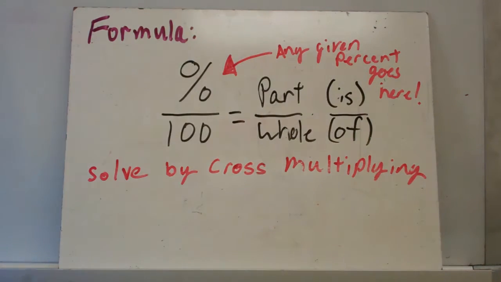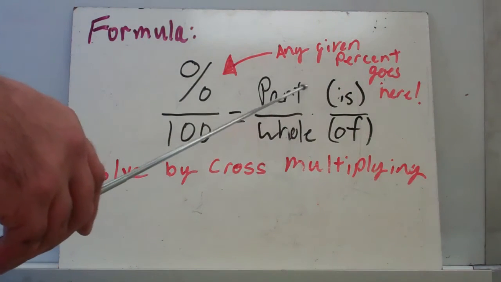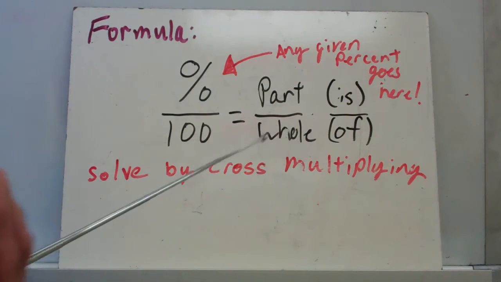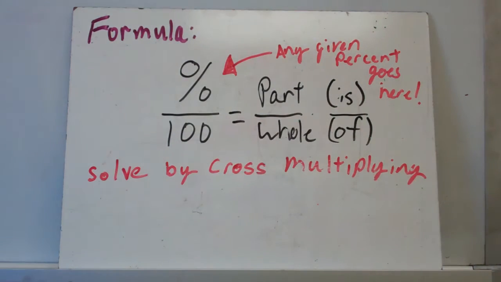And so with is over of, is pertains to part and of pertains to whole. So when we have our numbers in place, we would solve by cross multiplying, isolating the variable for the part of the proportion here that we do not have a number for.